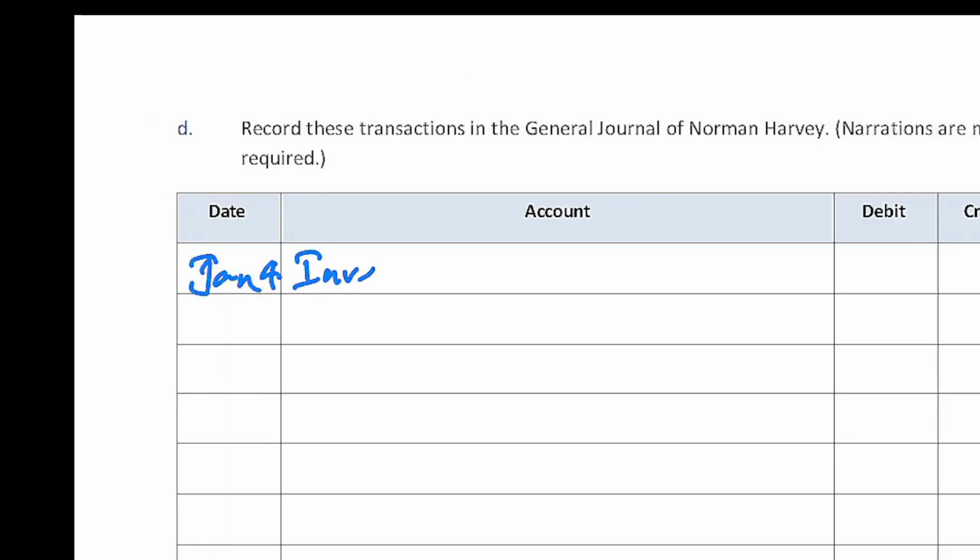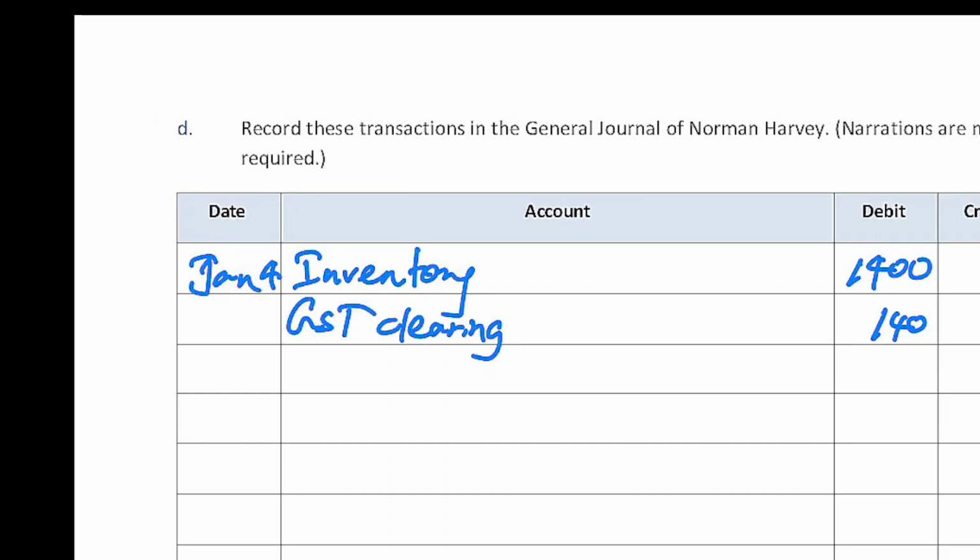Inventory debit 1400, GST clearing debit 140, and you credit the bank 1540.